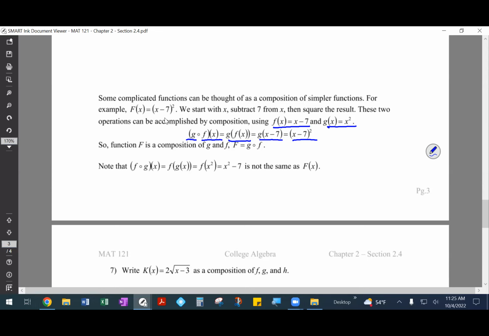Now, if you were to switch the order of the f and g function, so instead of putting f on the inside and g on the outside, if we reverse that order and put g on the inside, f on the outside. Now remember, g is the square function, so that means you would put the square value inside. And this would end up giving you x squared minus 7, which of course is not the same as the original function you started out with. So again, it's important what order you keep on your composition.